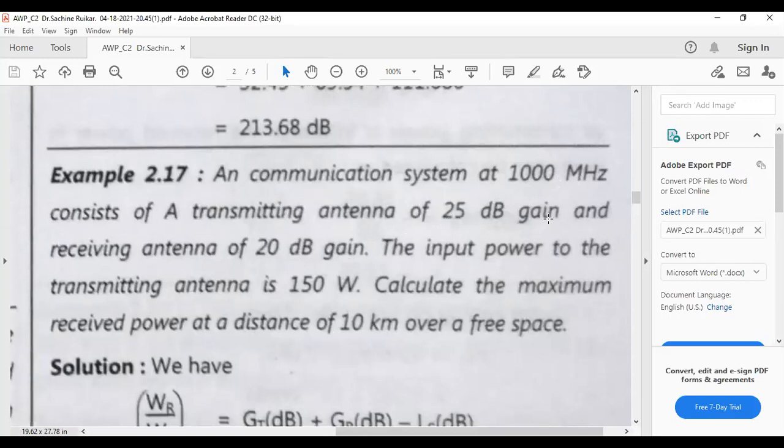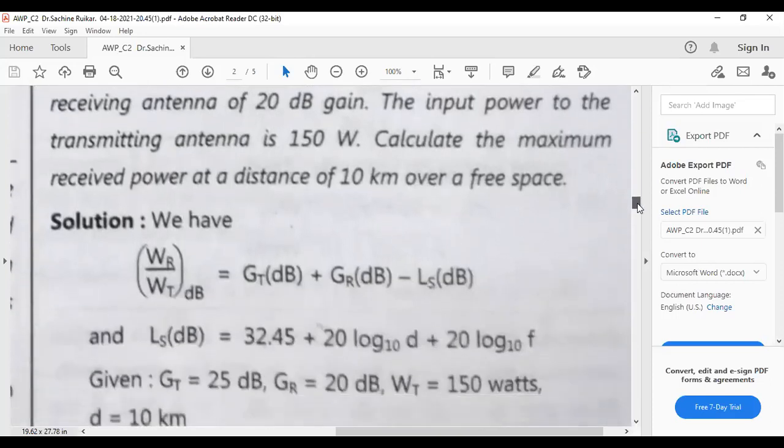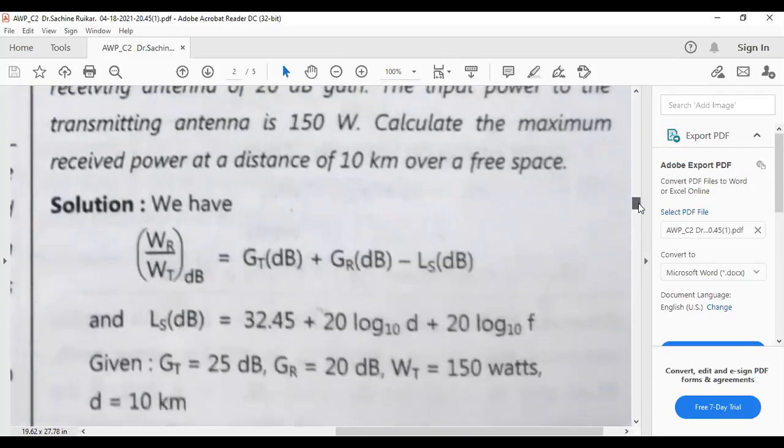The transmitting and receiving gains are given, and you need to calculate the maximum received power at a distance. The distance is also given. So this is a somewhat different numerical, in which we are interested in finding the power, with the given gain values.